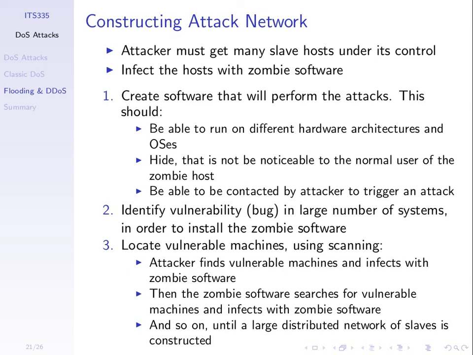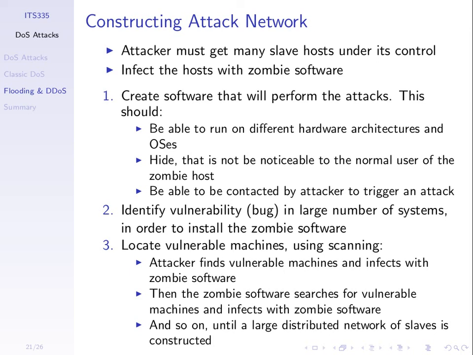Usually that involves taking advantage of some vulnerability in that computer to get the zombie software installed on there. Once you have zombie software, you need to find machines that you can install the zombie software on.